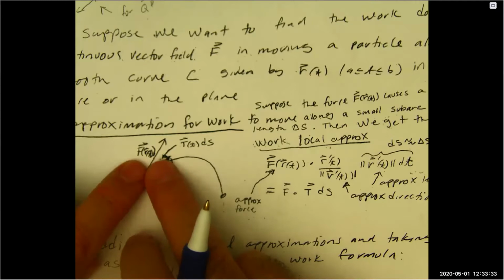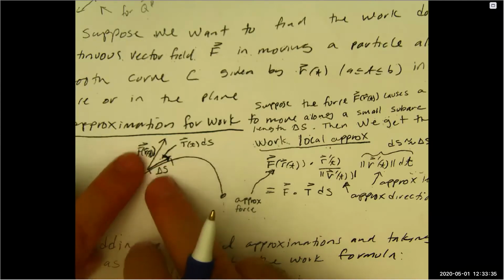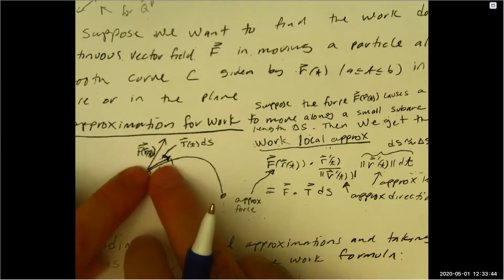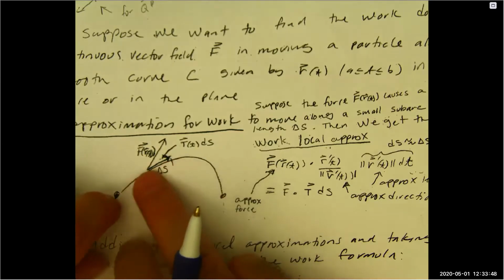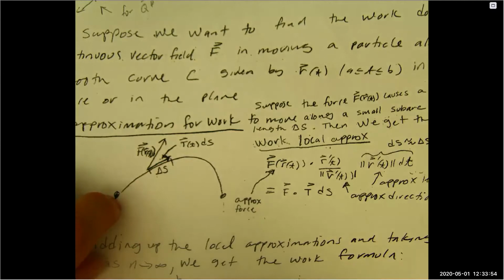And then we can use our basic physics formula that we learned before to look at the projection of the magnitude of this force onto this segment here. And then we can figure out how much work is done like that.